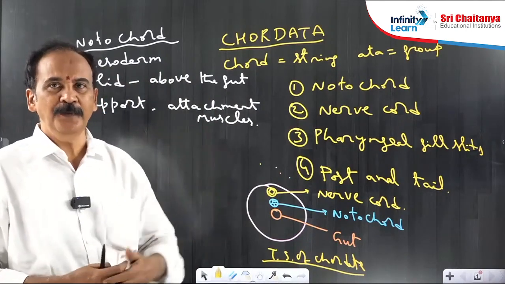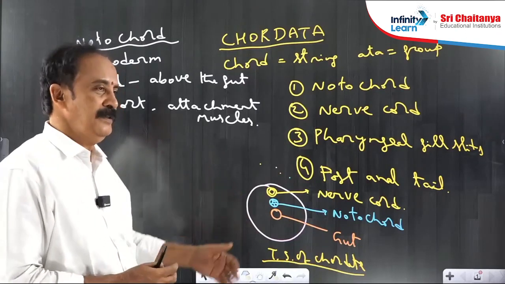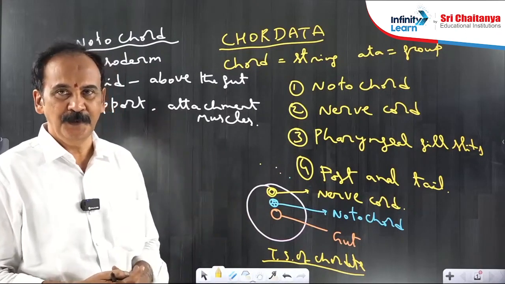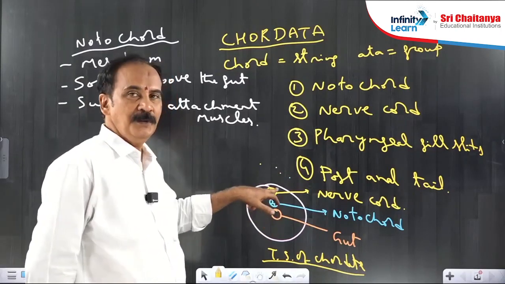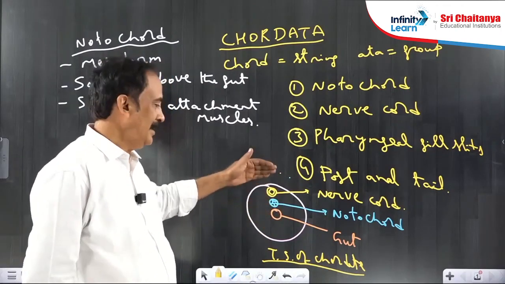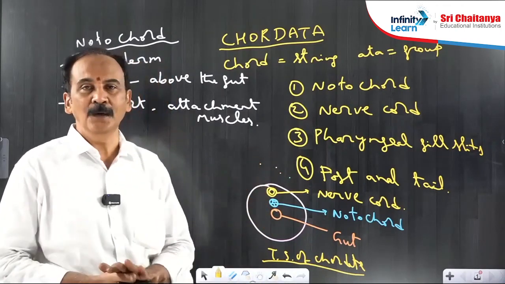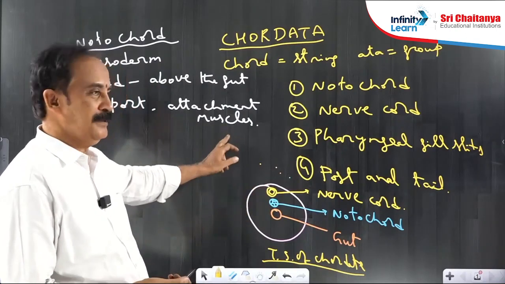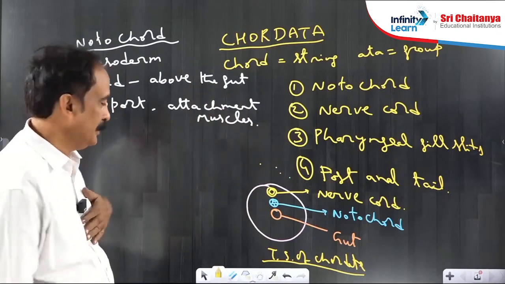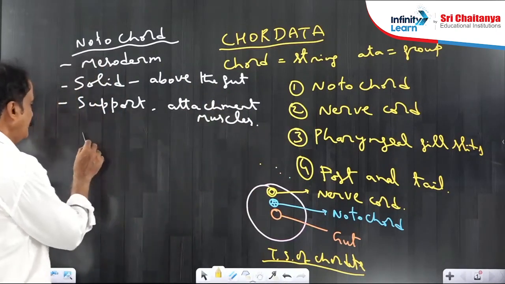So questions will be framed on the location of these three structures. So the notochord lies above the alimentary canal, or dorsal to the gut, and it lies below the nerve cord. It is a solid structure.